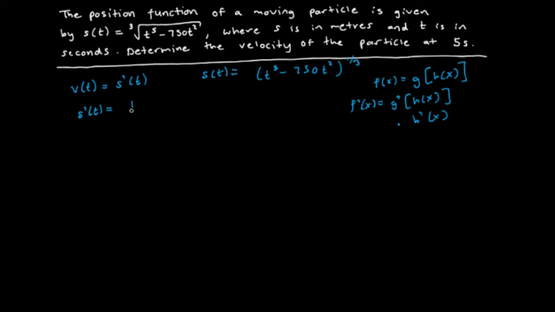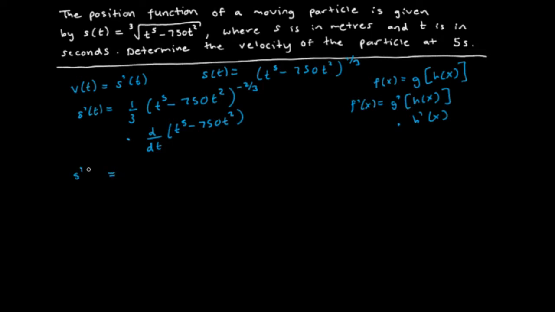So you do the derivative of the outside, so you get 1 over 3 times (t to the power 5 minus 750 t squared), and then you subtract 1 from the exponent, so you get negative 2 over 3. And then I'm going to do the derivative of the inside, so the derivative with respect to t, the rate of change of time, of t to the power 5 minus 750 t squared.